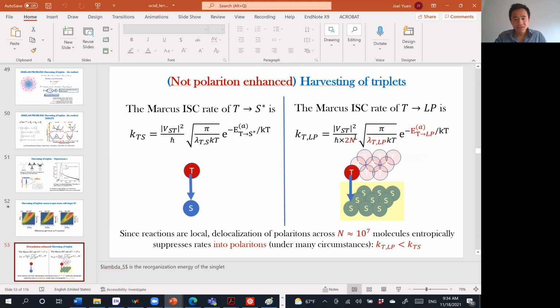However, there is always this entropic penalty of 1/n. 1/n because the triplet state is a localized state, whereas the polariton state is a delocalized state. So the probability of the localized state seeing its partner in the delocalized state is 1/n because the delocalized state is distributed across n molecules.